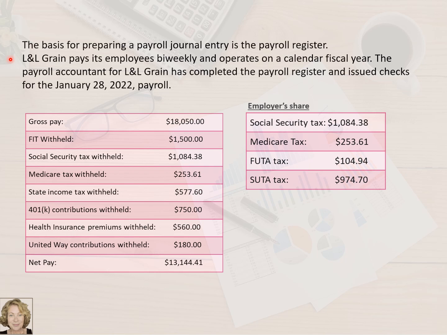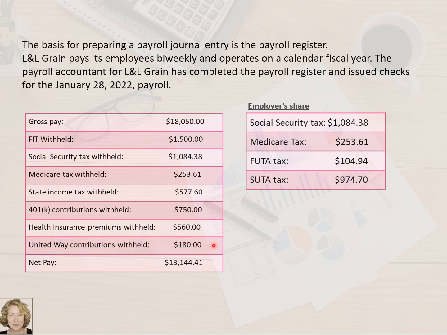In our example, the payroll accountant for L&L Grain has completed the payroll register and issued checks for the January 28th, 2022 payroll. We can see a gross pay of $18,050, as well as withholdings for federal income tax, Social Security, Medicare, and state tax, as well as deductions for 401k, health insurance premiums, and donations.